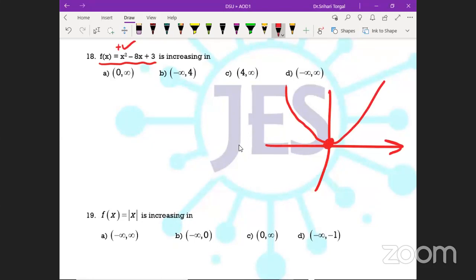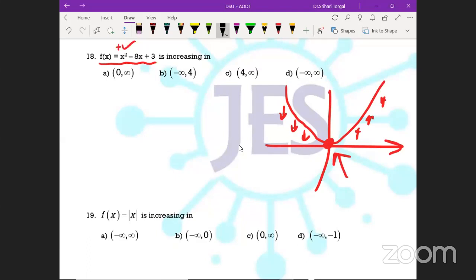You have to find only this point. Here it is decreasing. Graph is decreasing here. And here it is increasing, right? To know about that point, from where it is increasing and decreasing, it is very easy to identify that.